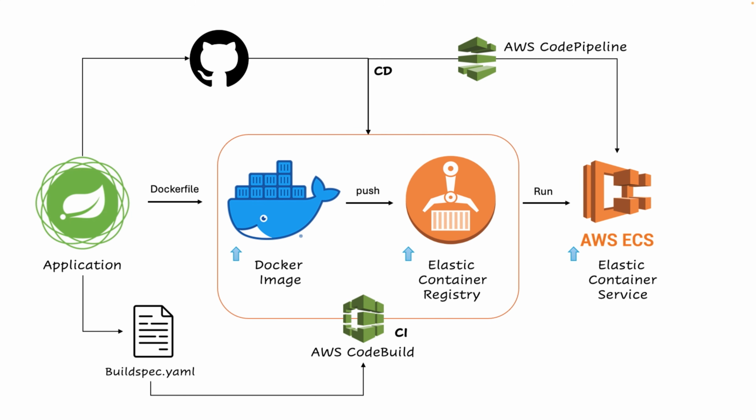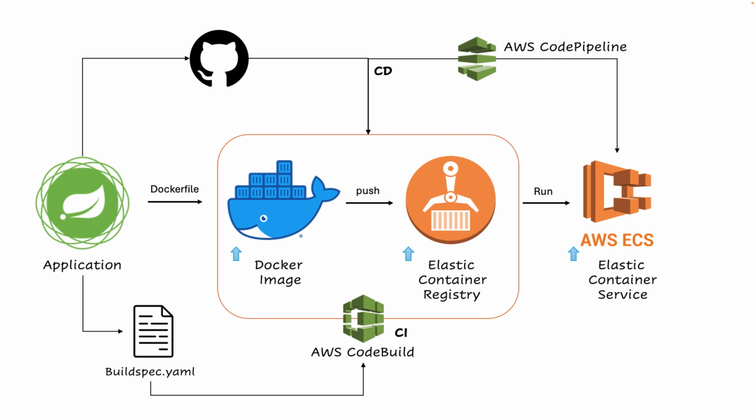Using AWS CodePipeline, you can inform AWS who will build your project and where you want to deploy it. These are the basic steps you need to follow to perform CI/CD in the AWS cloud, or to run your app on AWS ECS using CodeBuild and CodePipeline.